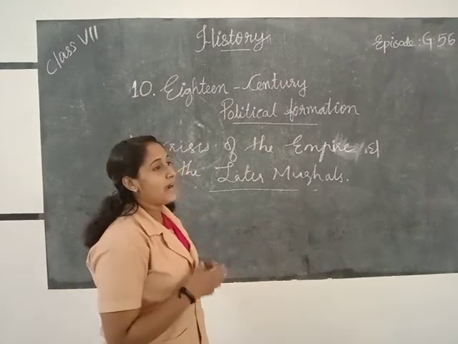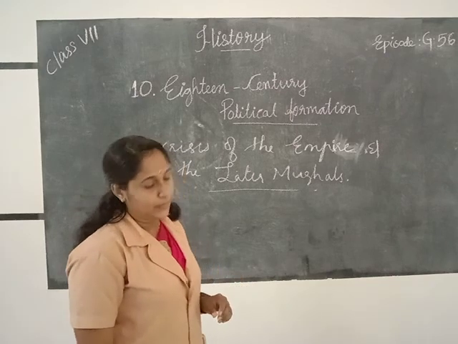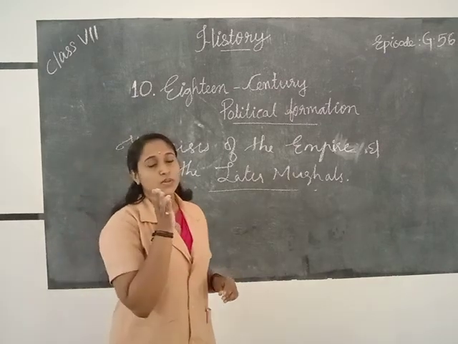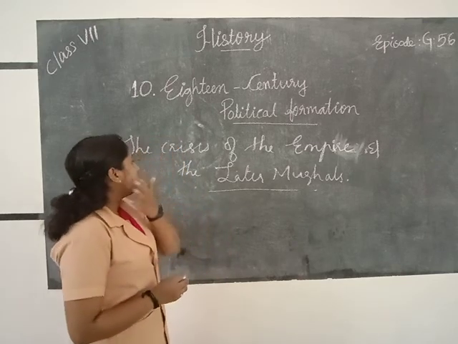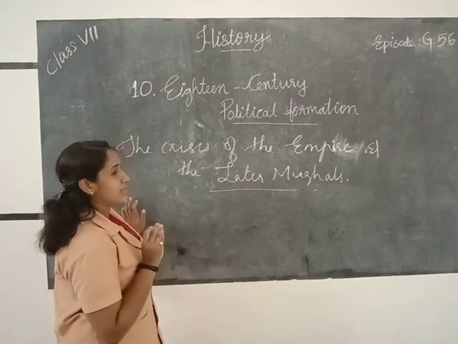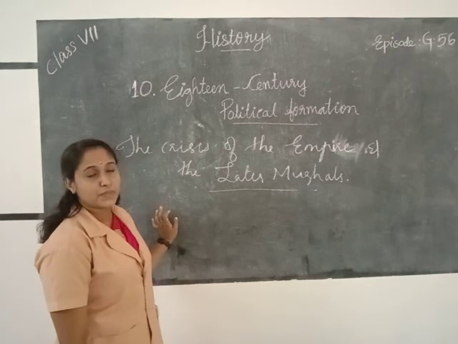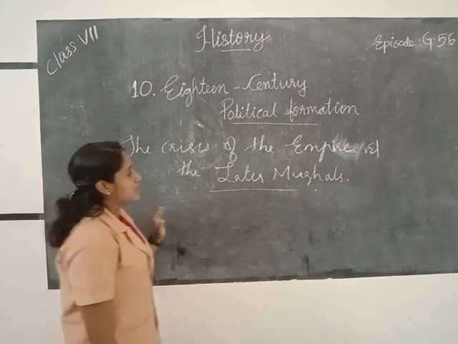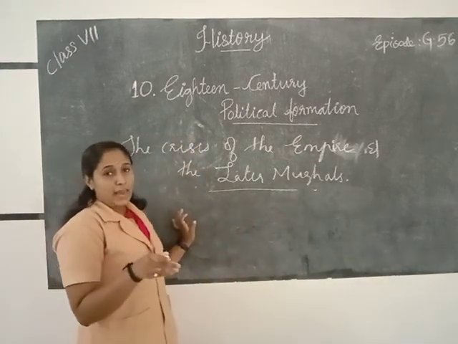Okay, so we know that the Mughal empire started declining under the period of Aurangzeb. We also discussed it in our previous chapter. That means the declining of the Mughal empire actually started in the period of whose? Aurangzeb. So during the period of Aurangzeb, what happened?